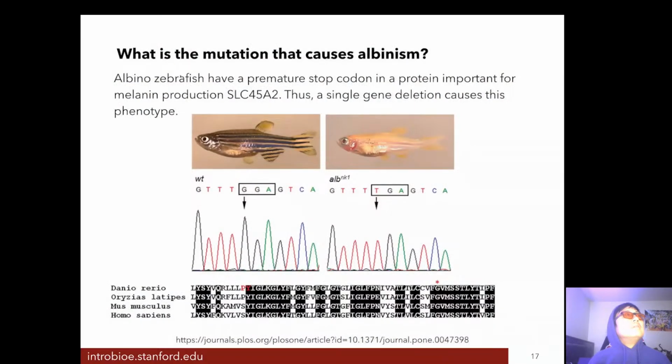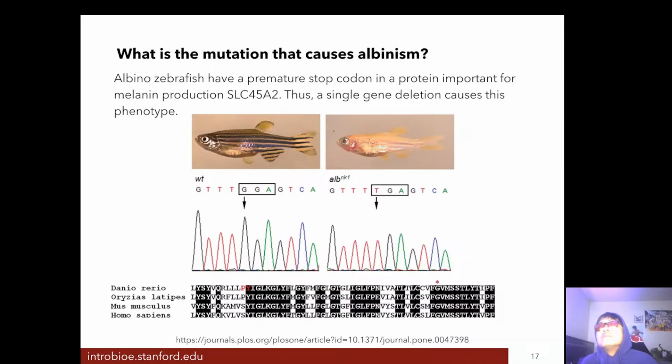Well, I couldn't find the genome sequence for Claude, but what I could find was the sequence analysis of albino zebrafish. So this is a wild type zebrafish, which has these beautiful stripes, and an albino zebrafish does not have the capacity to make those striped pigments, so it's not striped.